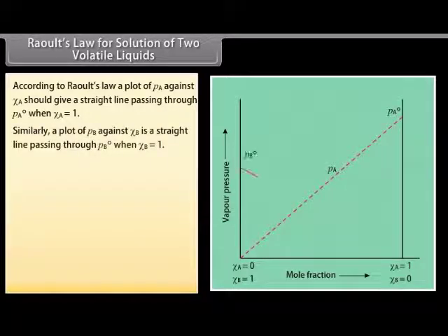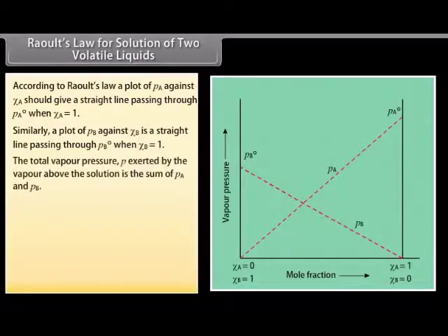Similarly, a plot of PB against XB is a straight line passing through P0B when XB is equal to 1. The total vapor pressure, P, exerted by the vapor above the solution is the sum of PA and PB.